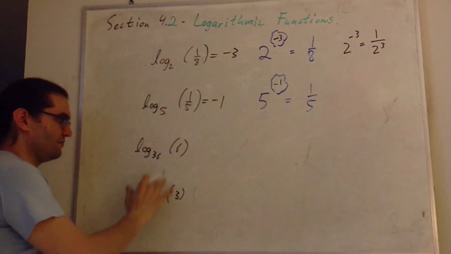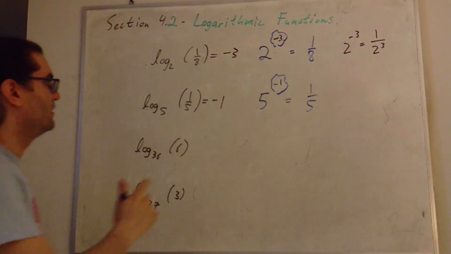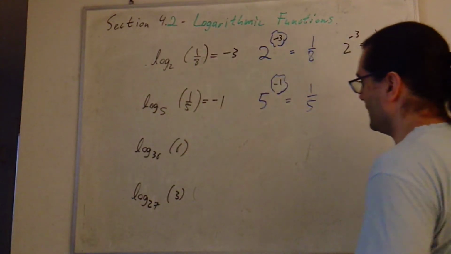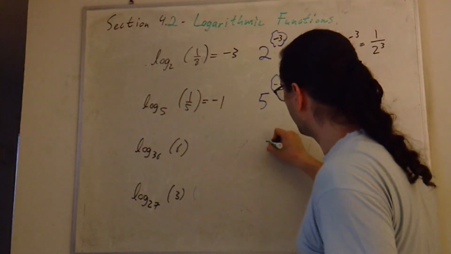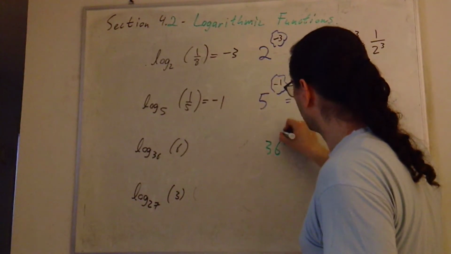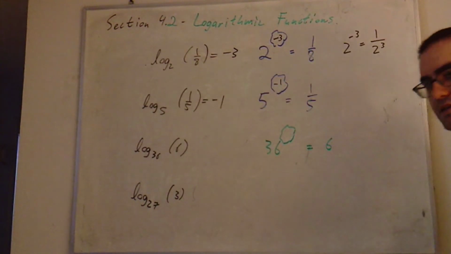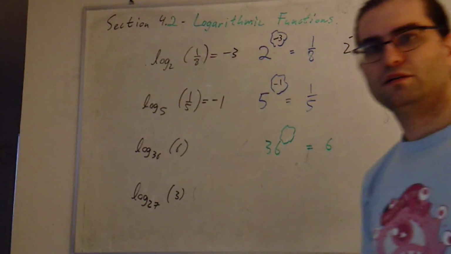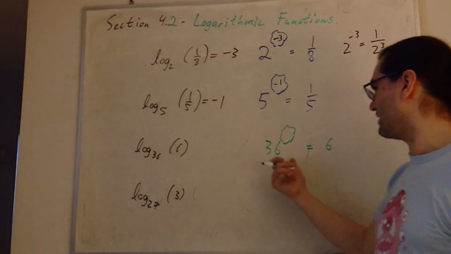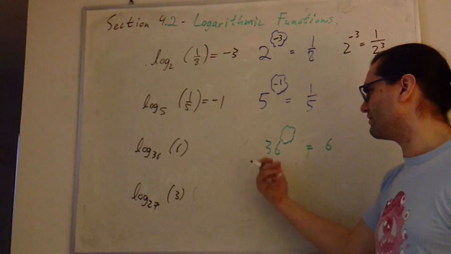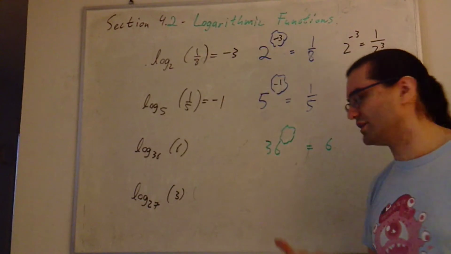This is the other flavor. And again, we're going to start it in the exact same way. What exponent can I put on 36 to end up with 6? It's very tempting here to say 1/6, because we're thinking about multiplication, and 36 times 1/6 would give you 6.